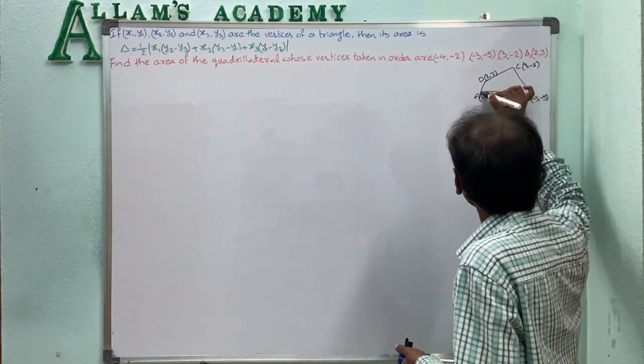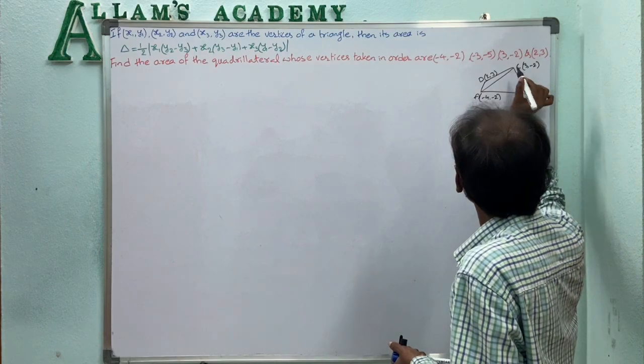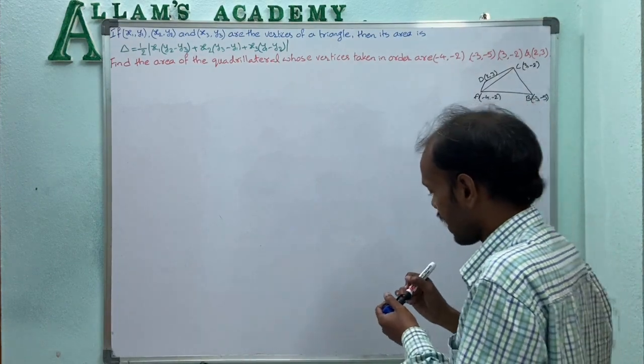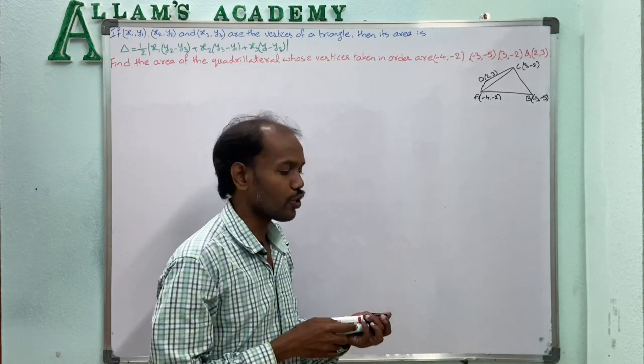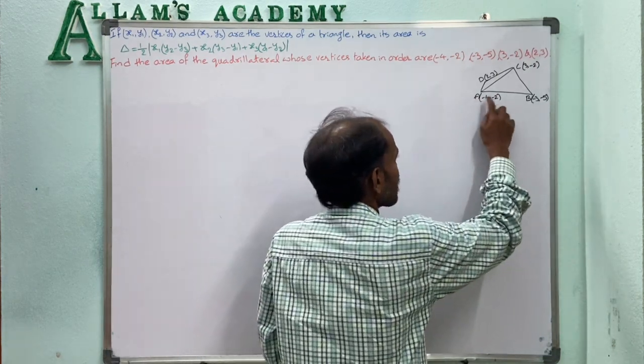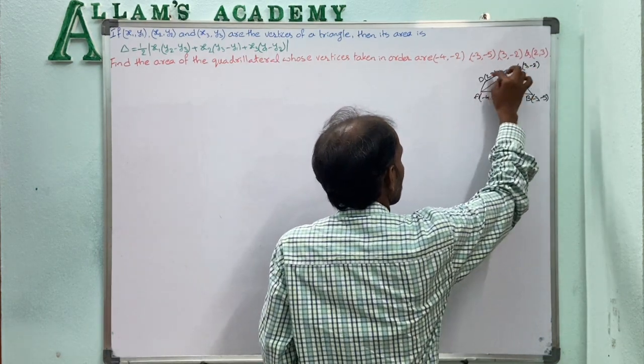So if we join the points AC, the diagonal AC divides the quadrilateral into two triangles, that is ABC and ACD.